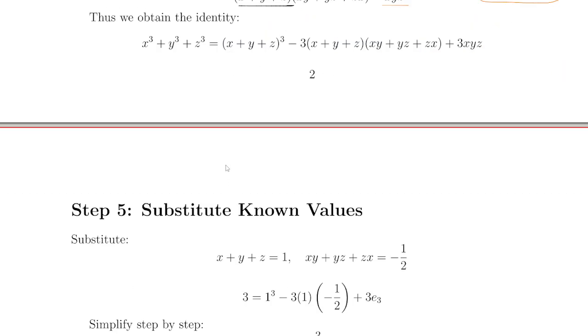Okay, so now we get the identity x cubed plus y cubed plus z cubed equals x plus y plus z quantity cubed minus 3 times x plus y plus z times xy plus yz plus zx plus 3xyz.